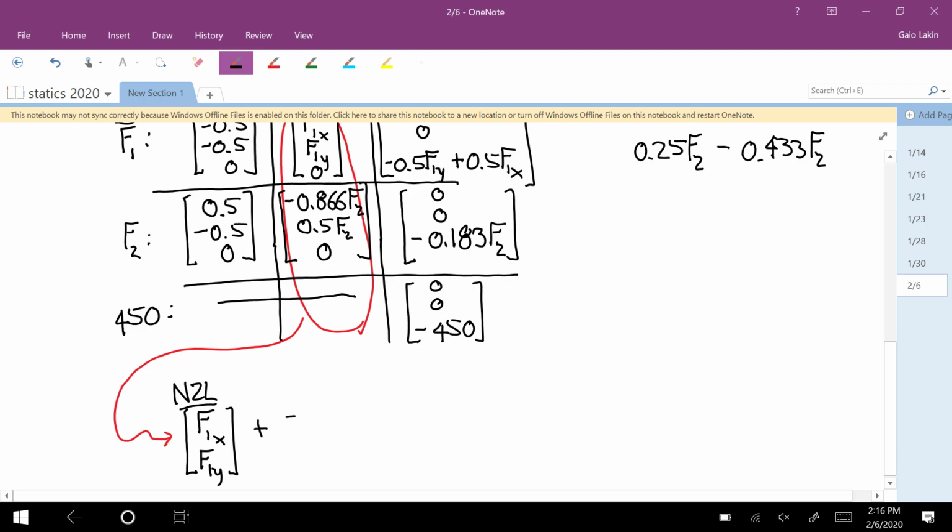And then plus negative 0.866 F2, positive 0.5 F2, and that's everything. Since it's an equilibrium, those add up to 0.